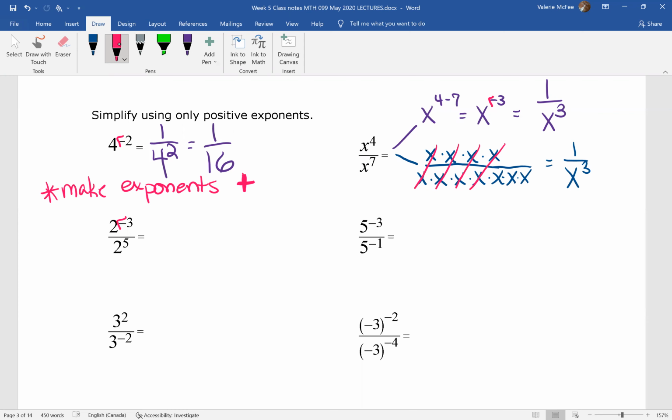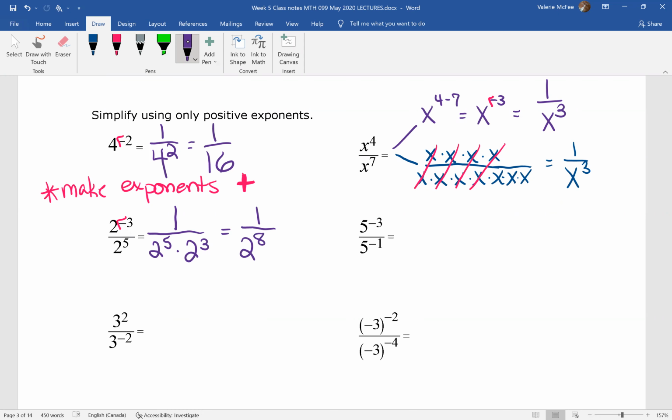There's a -3. That tells us to flip that to the denominator. So we have 2 to the power of 5 times 2 to the power of 3, leaving 1 in the numerator. Now we can use our product rule, multiplying powers with the same base, keep the base, add the exponents.